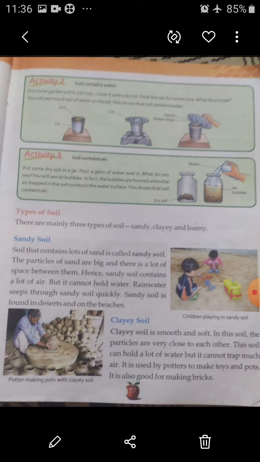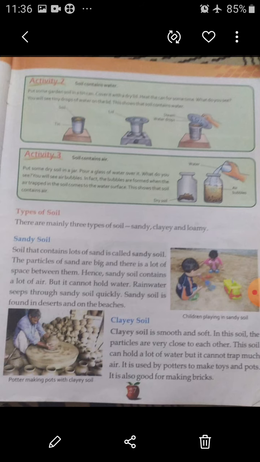That's why a lot of air is present between the particles, but its water absorption capacity is very less. It is used for making buildings by mixing it with cement.